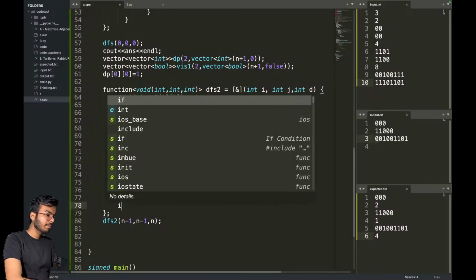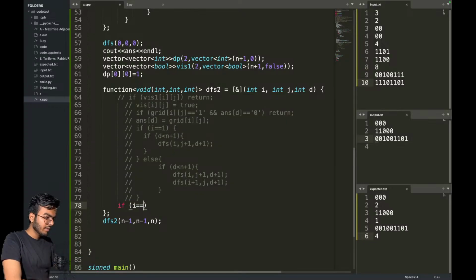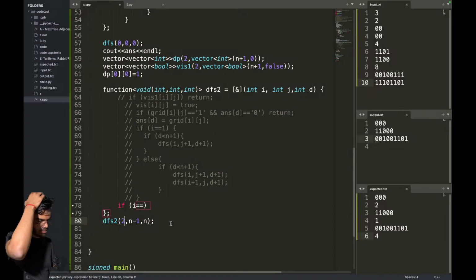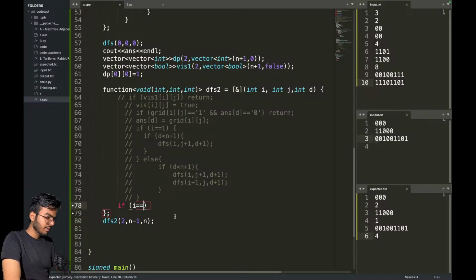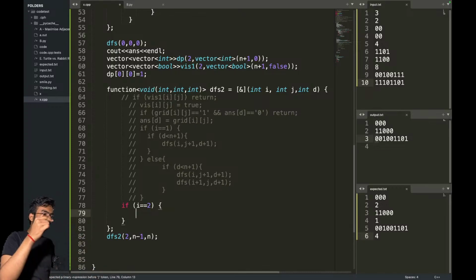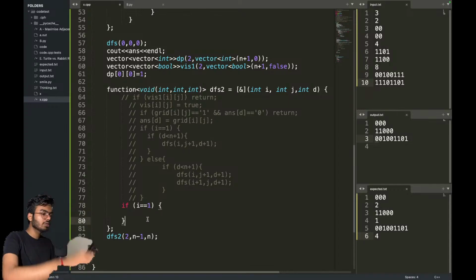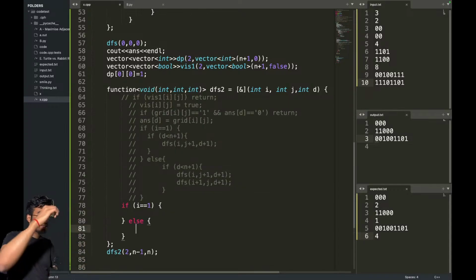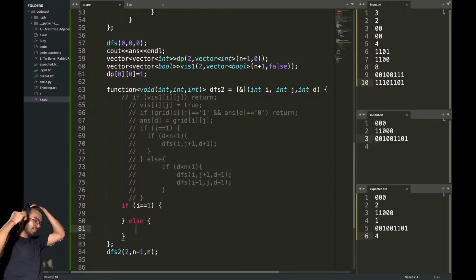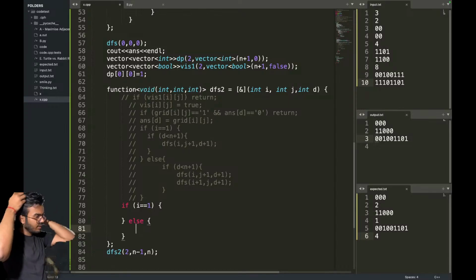So this should be 2 cross n minus 1, right? Because I have to reach 2 cross n. So if my i equals 2, then I can go up or I can go down. If i equals 1, I can go to 0 also. Else, I can only go downwards.